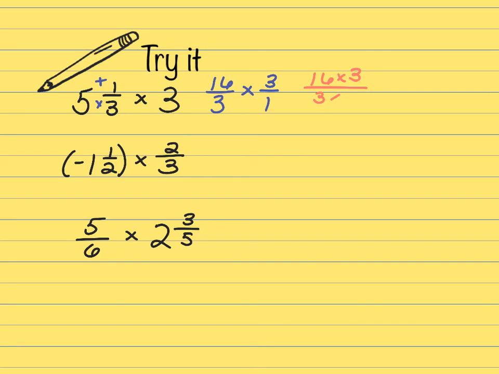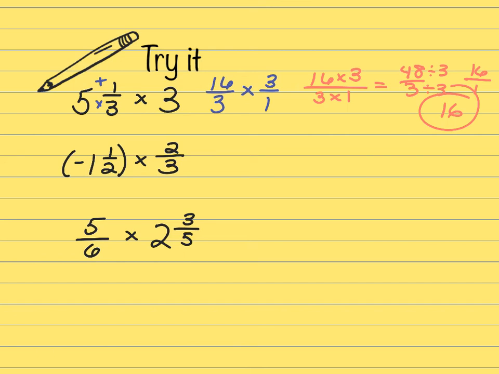Step 2, multiply the denominators. 16 times 3 equals 48, and 3 times 1 equals 3. The greatest common factor for both of these numbers is 3. 48 divided by 3 equals 16, and 3 divided by 3 equals 1. We can simplify even further by just writing our answer of 16.